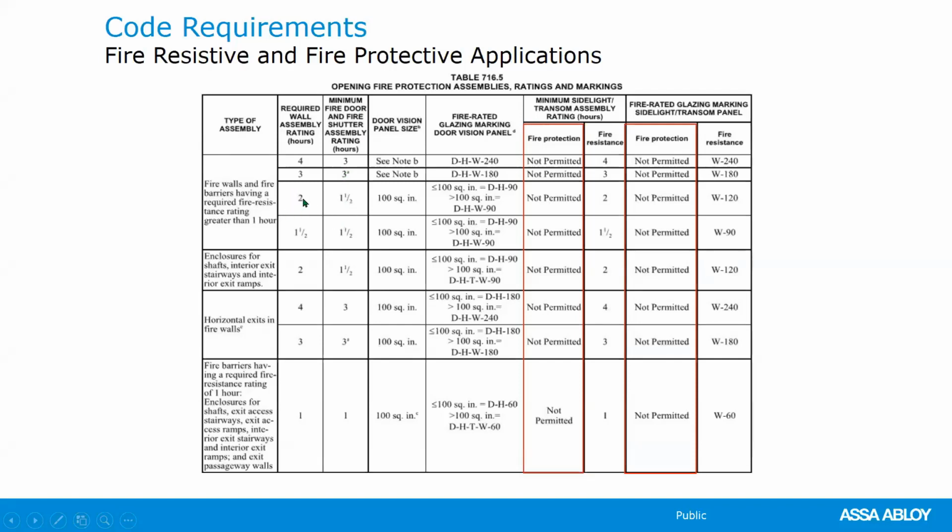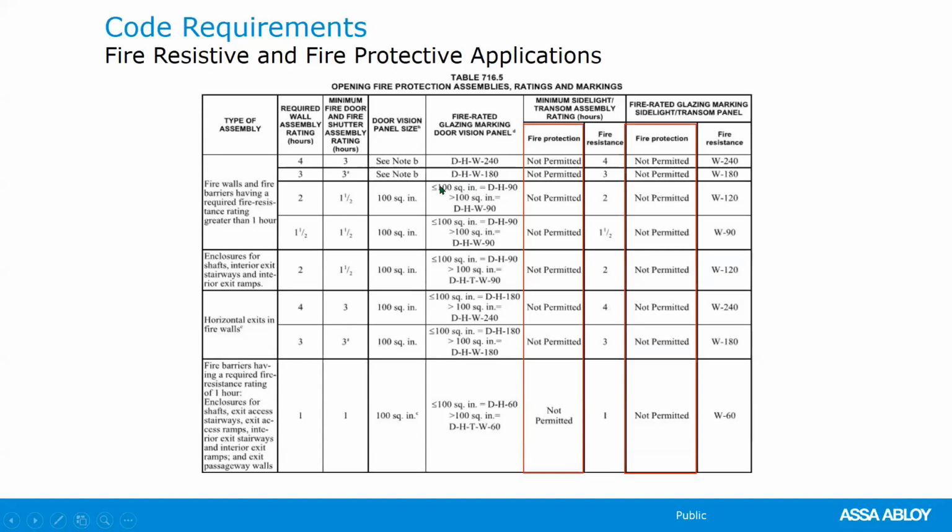And again, looking at the 2-hour rated or 1 hour rated, you have that 75% of the wall rating for a common fire protective door. If you look at the door vision panel, you notice that it's got a bunch of 100 square inches regardless of the hourly rating.